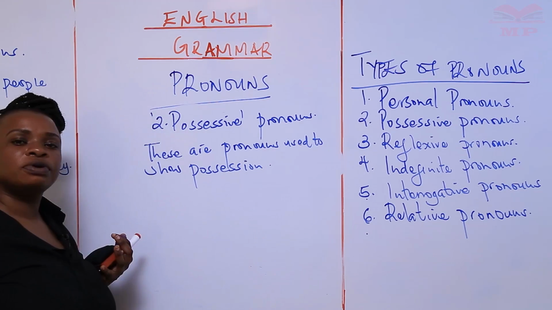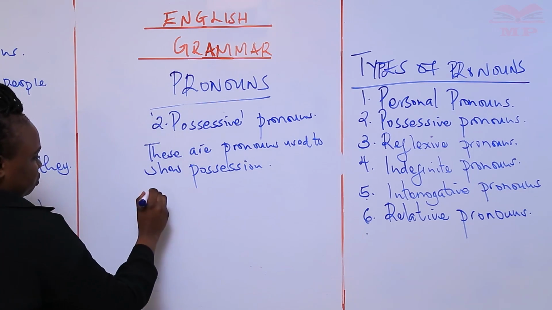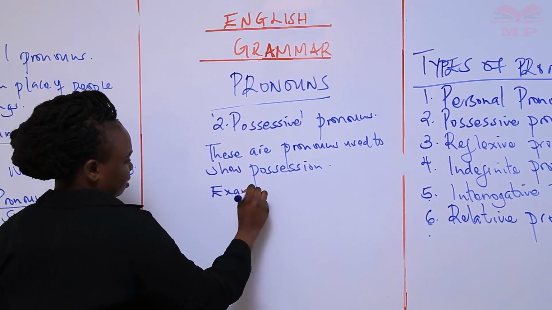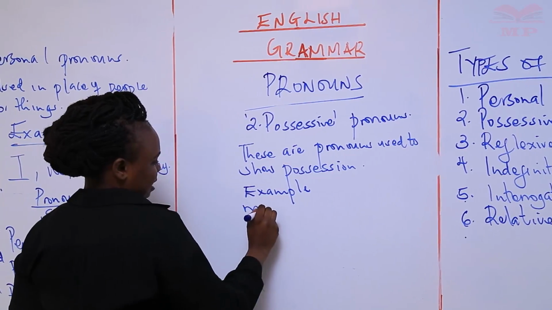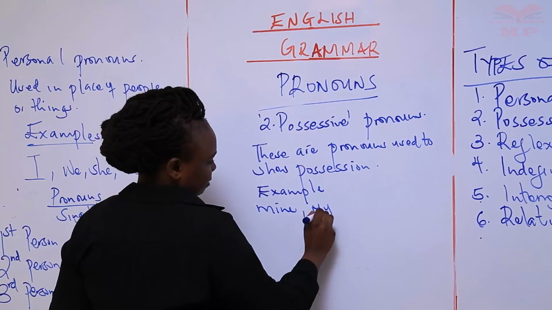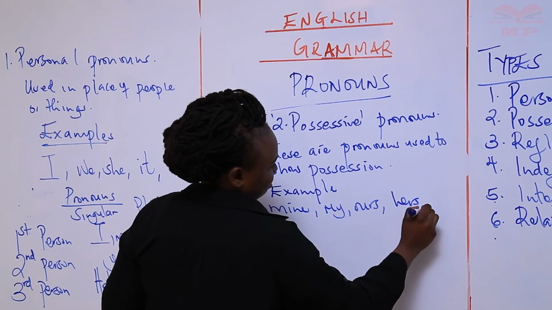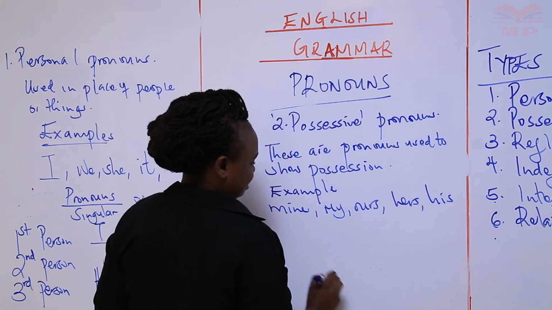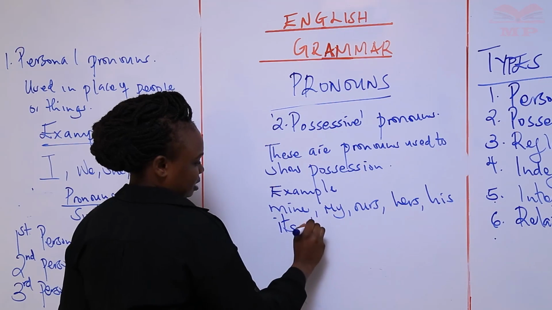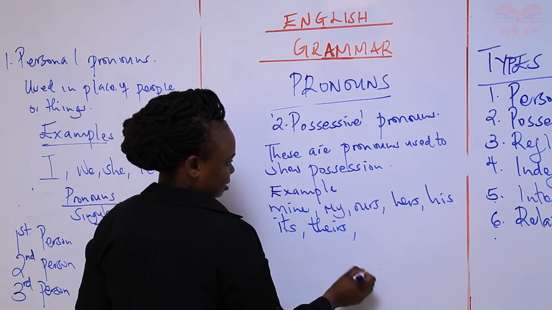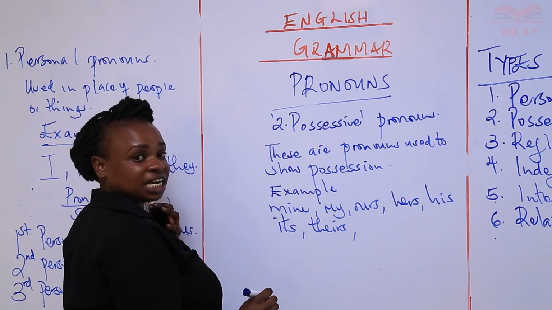These are pronouns that are used to show possession. For example, we have mine, my, ours, hers, his, its, theirs. I think that's all.